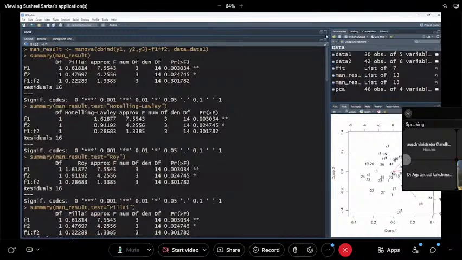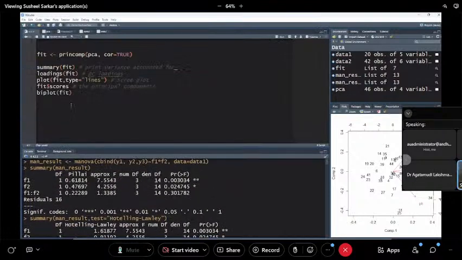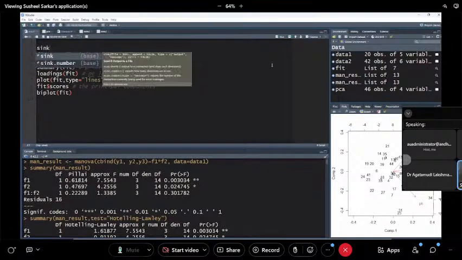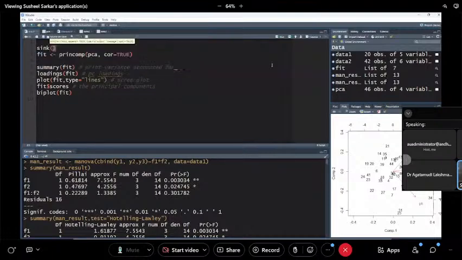Okay, a very simple code, you just see here. Just write sink, give parenthesis, and in quotes write the name. I'm writing our result dot txt. Now here I will write sink and blank parenthesis.